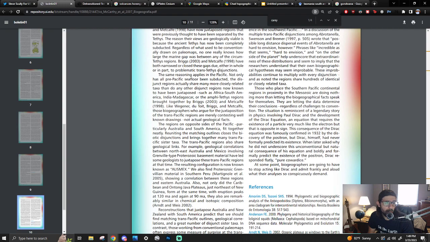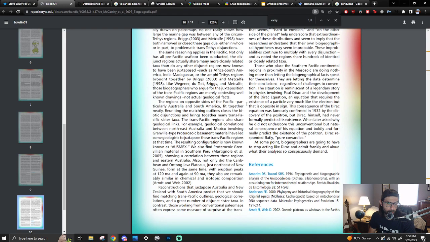The same reasoning applies to the Pacific. Not only has all pre-Pacific seafloor been subducted, the disjunct regions actually share many more closely related taxa than do any other disjunct regions now known to have been juxtaposed. So they're basically saying, yeah, these were next to each other, guys.